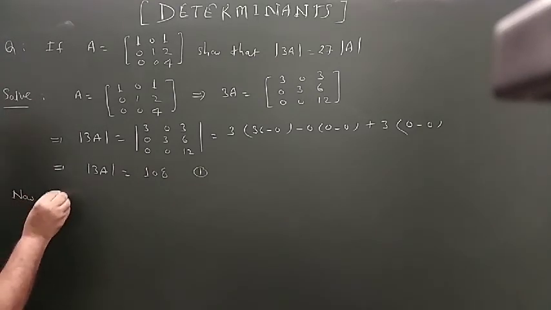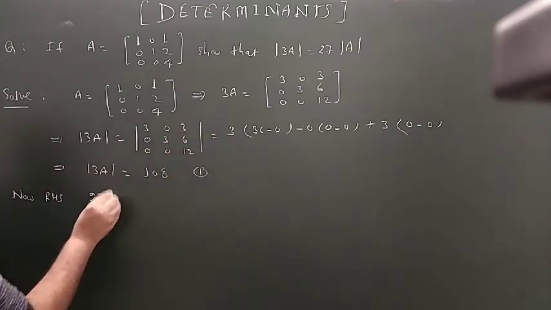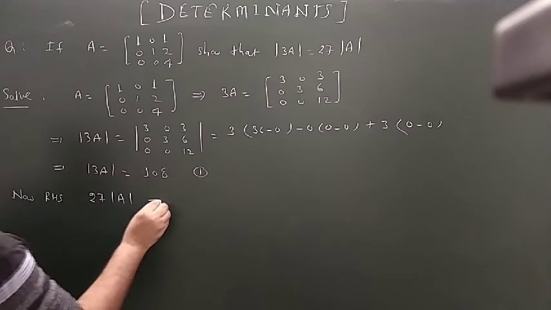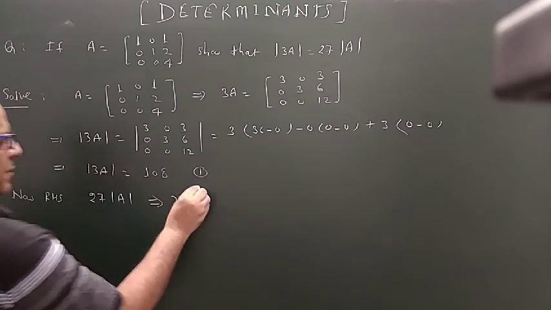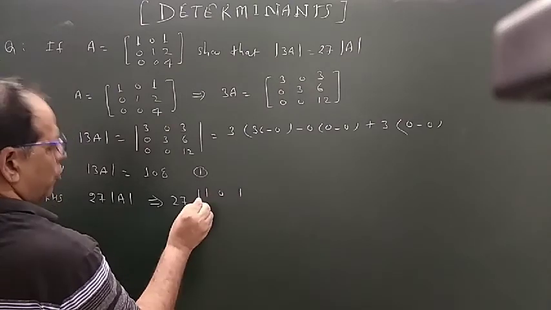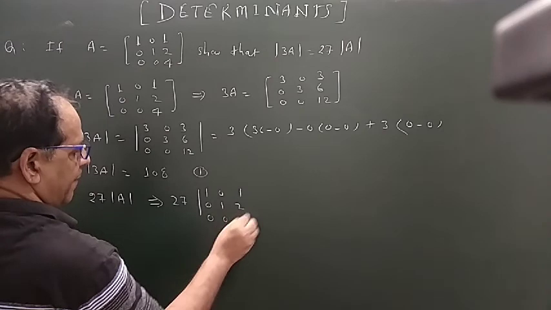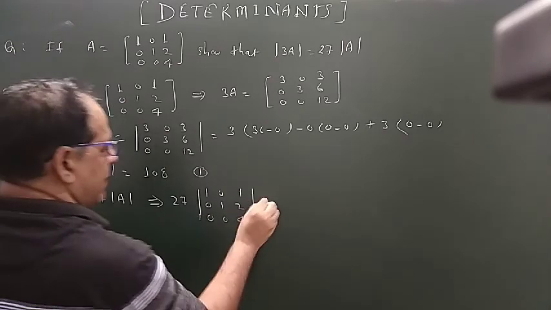Now right hand side: 27 determinant A. That means 27 times the determinant of 1 0 1, 0 1 2, 0 0 4. Now simplify this.